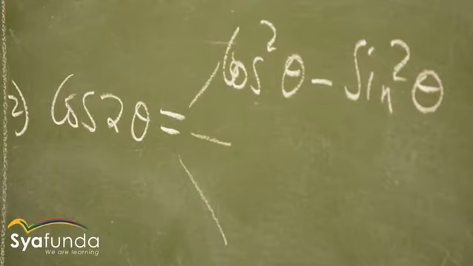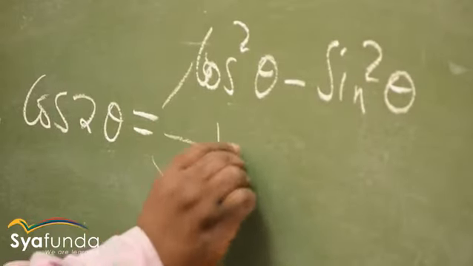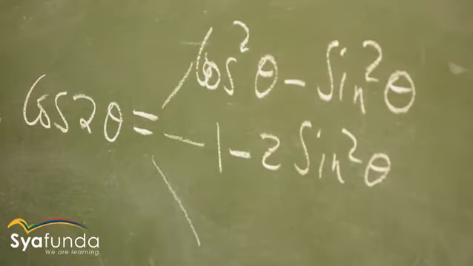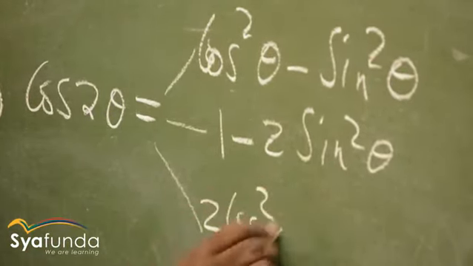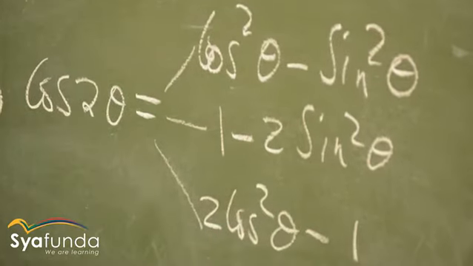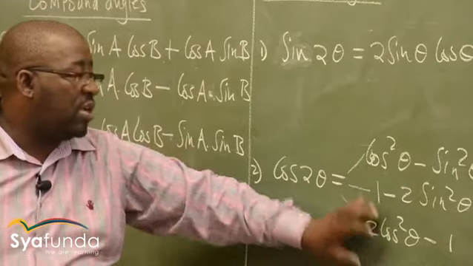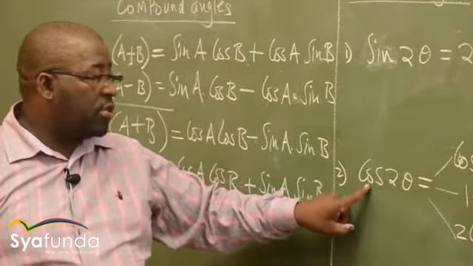What is the second one? The second one would be 1 minus 2 sine squared theta. Then the third one will be 2 cos squared theta minus 1. So these are the 3. This is the same as this one. It is also the same as this one, because all of them are equal to the double angle of cos, which is cos 2 theta.